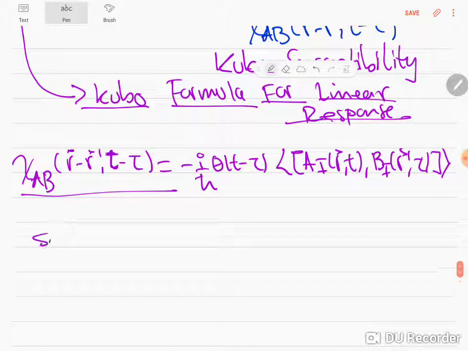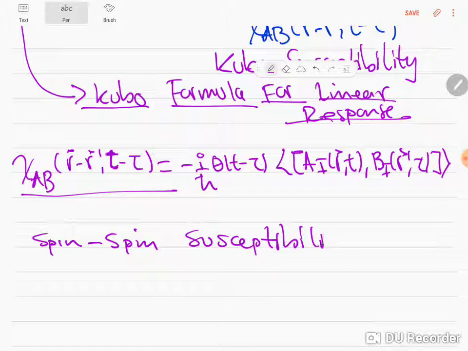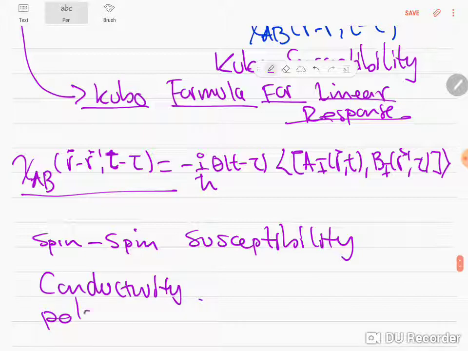So now the things that we can calculate with this, and how useful this is: you can think about spin susceptibility, conductivity, polarization. So many things can be calculated with the Kubo formula.